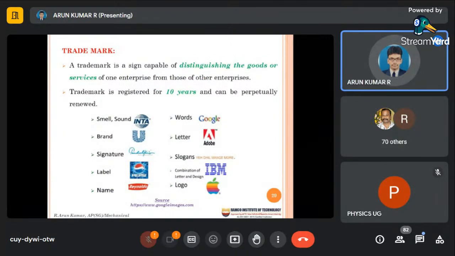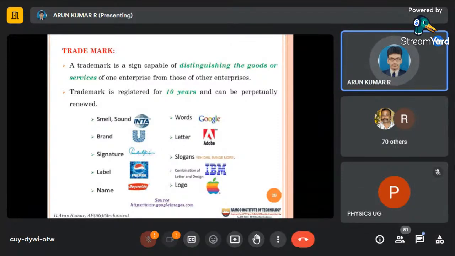What a trademark actually is, for example: a car is moving on the road, and suddenly, if we want to identify which company it belongs to, the first thing we notice is the logo, right?